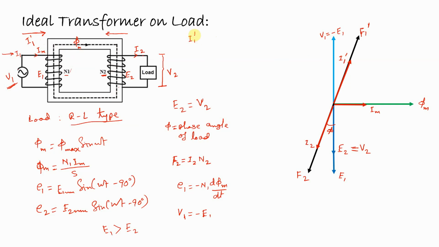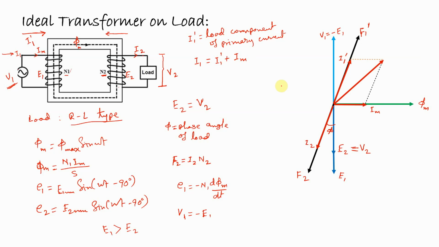So I1 dash is the load component of primary current. In this case, the total current in the primary is I1, and it will be the summation of I1 dash and Im, that is the magnetizing current.